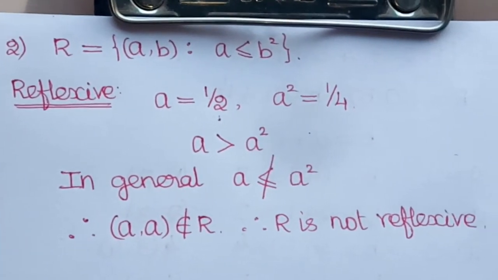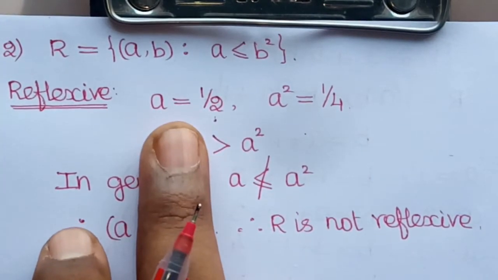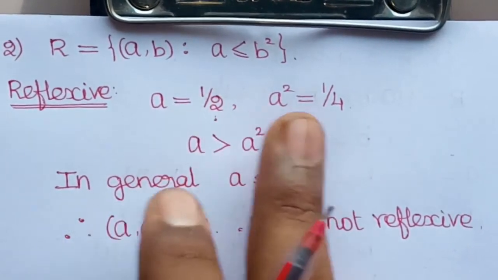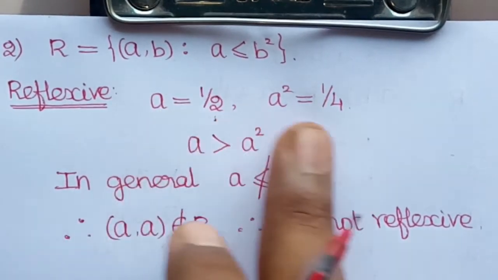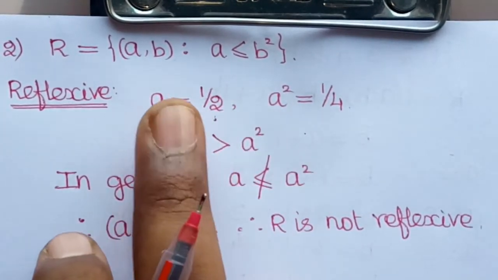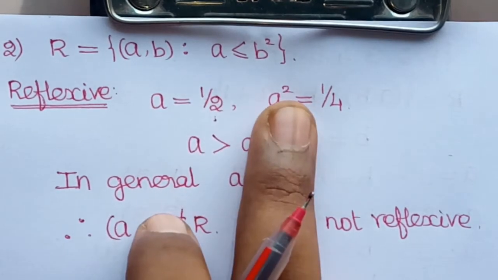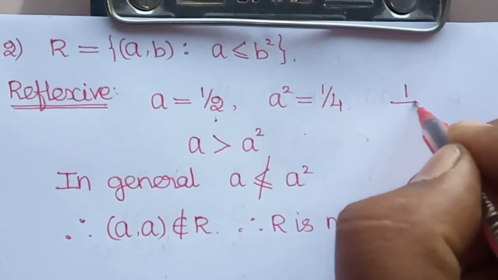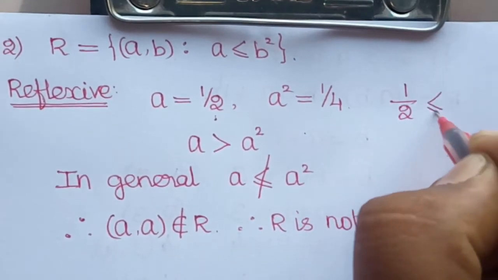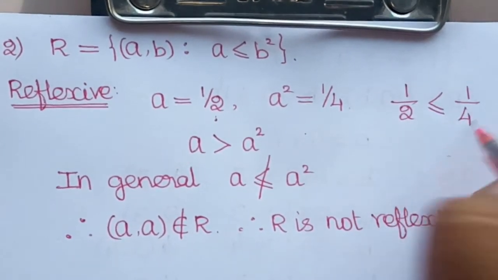Otherwise, you write 1 by 2, and its square value is 1 by 4. Is A less than or equal to A square? Is 1 by 2 less than or equal to 1 by 4?